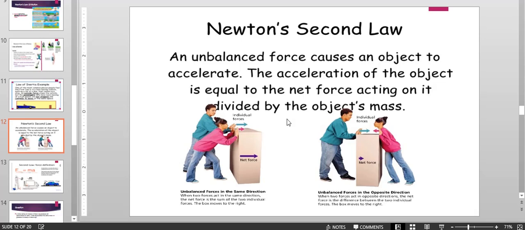As you can see here in these two instances, an unbalanced force is applied on this object in the same direction.